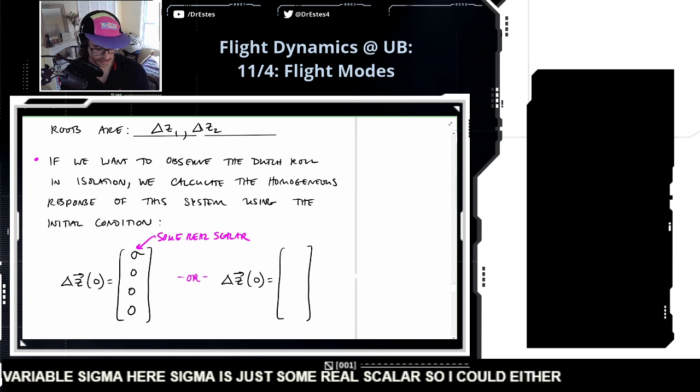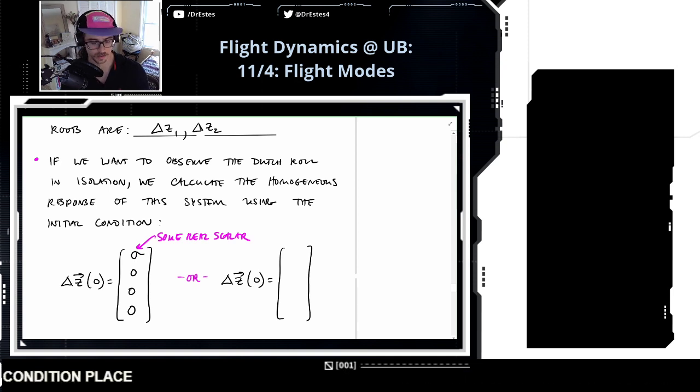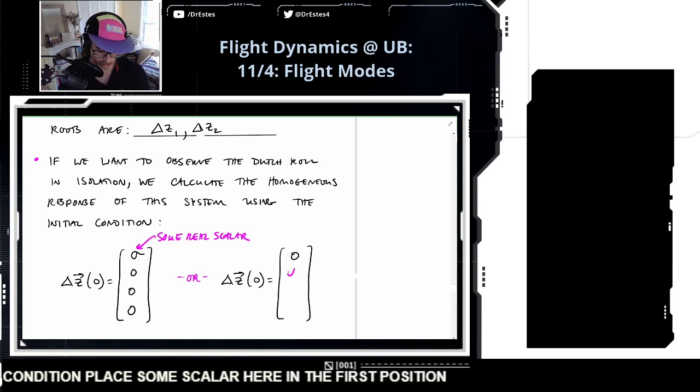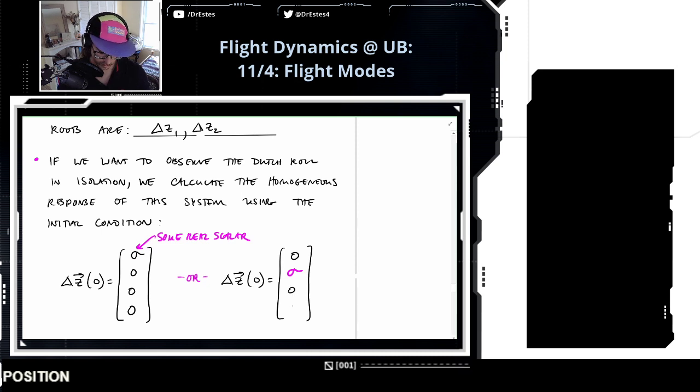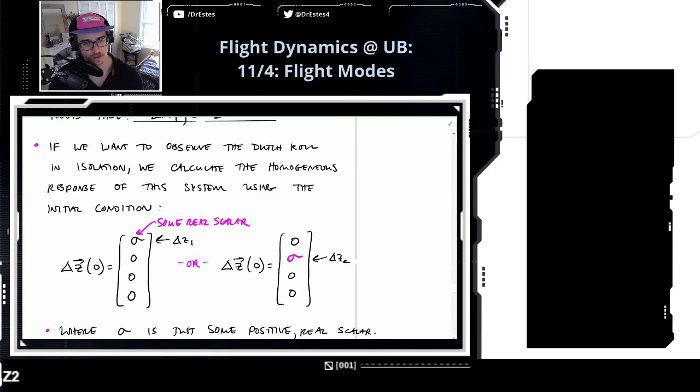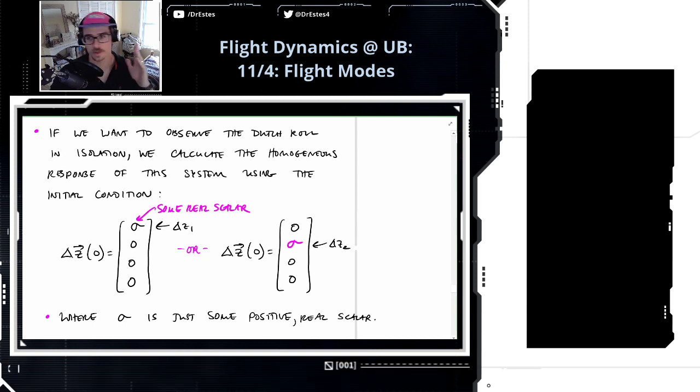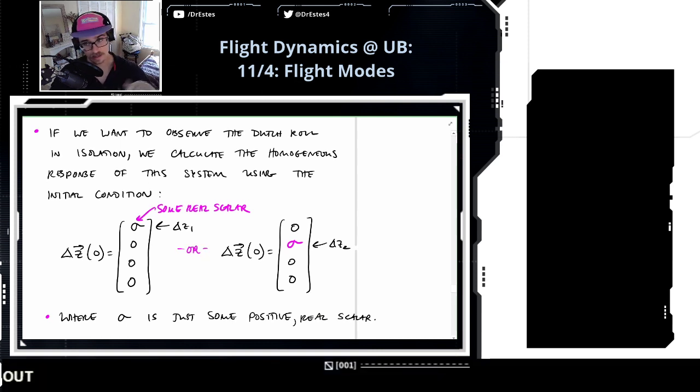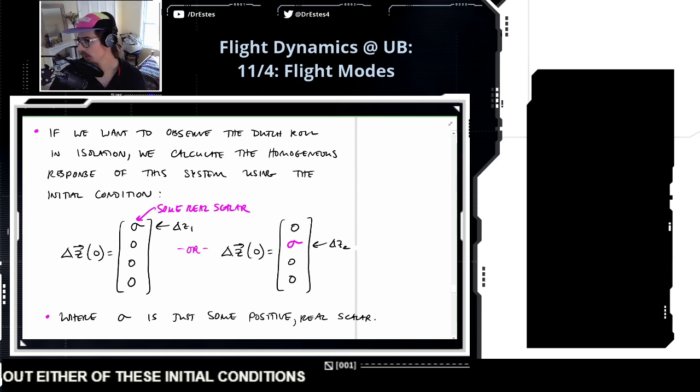So I could either have the initial condition place some scalar here in the first position, or I could put it in the second position. Because this would correspond to delta Z1, and this would correspond to delta Z2.